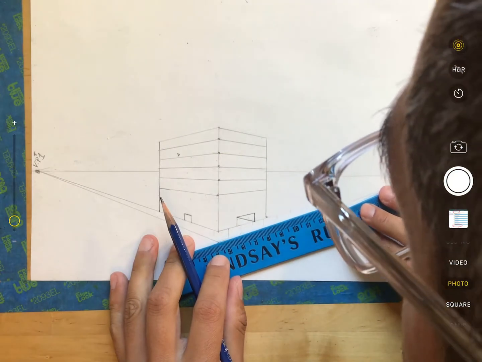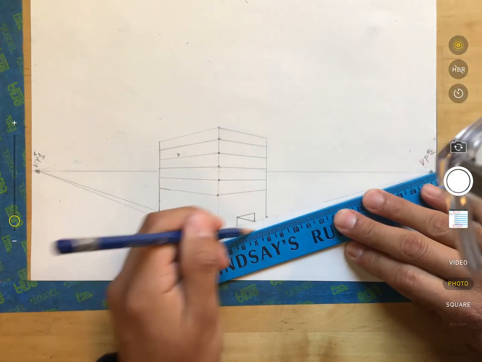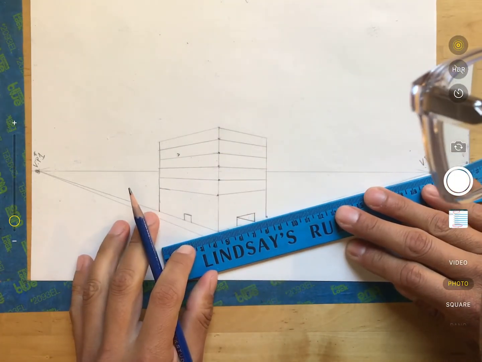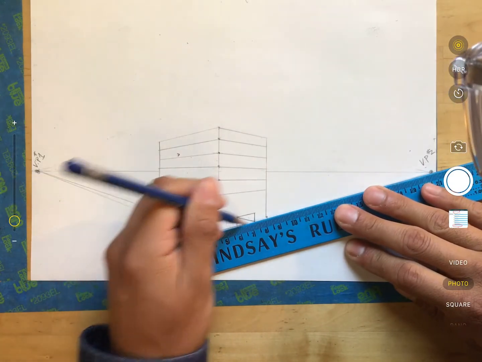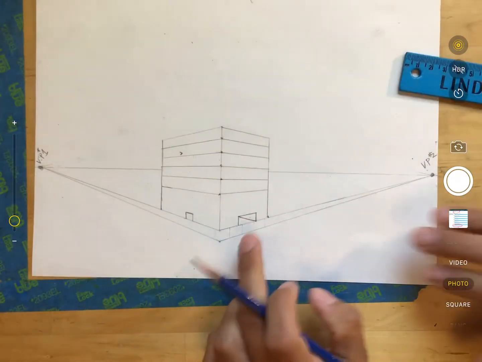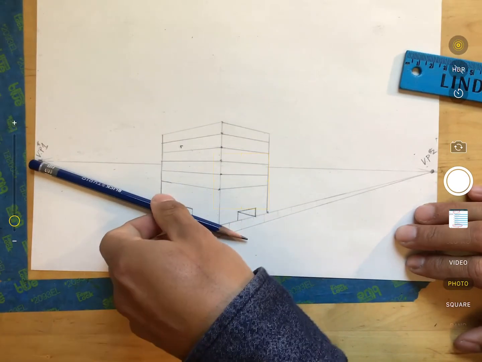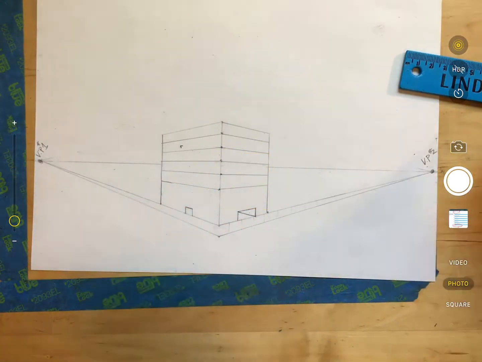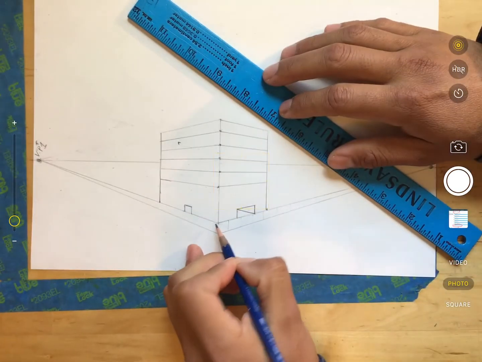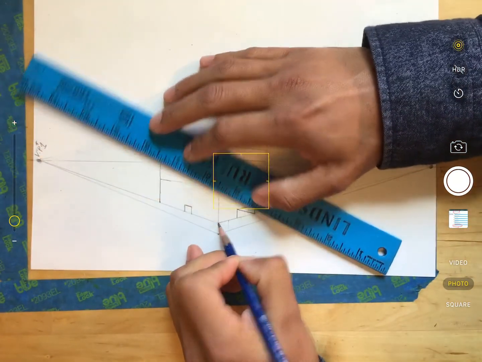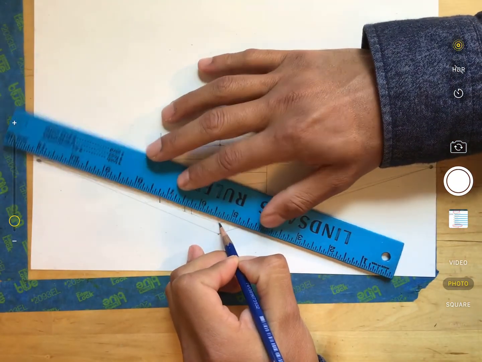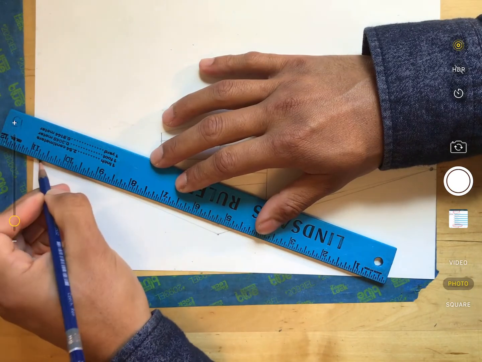And so we have the lines on the right side of our sidewalk. These are supposed to go to that vanishing point. So starting here in this corner, from here, line it up with the vanishing point on the left.